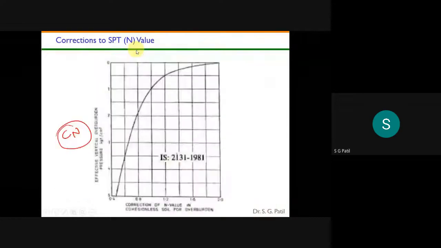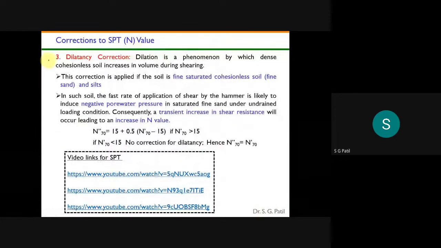So I have another correction, that is the dilatancy correction. This is the third correction factor. Once we apply the dilatancy correction, your N70 dash becomes N70 double dash. So N70 double dash is equal to 15 plus 0.5 into (N70 dash minus 15).